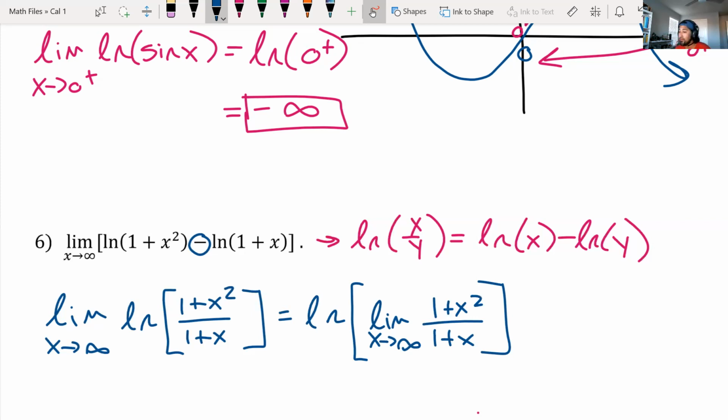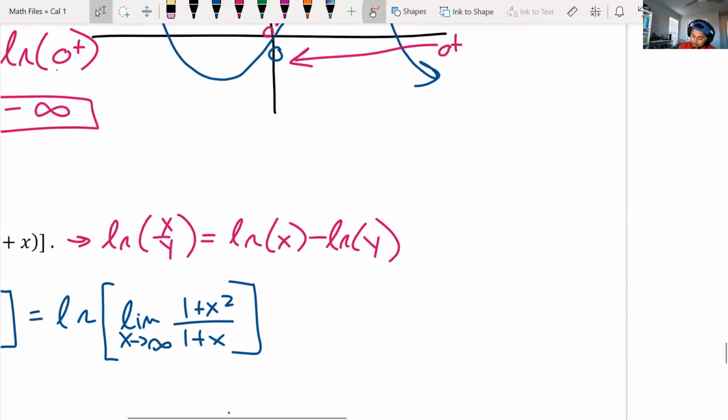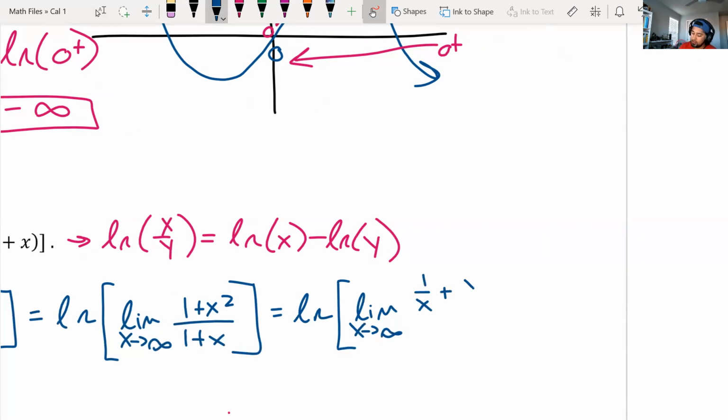So I'm going to divide everything by what? By x. And you get the natural log of the limit as x approaches infinity of 1 over x plus x squared over x over 1 over x plus x over x.